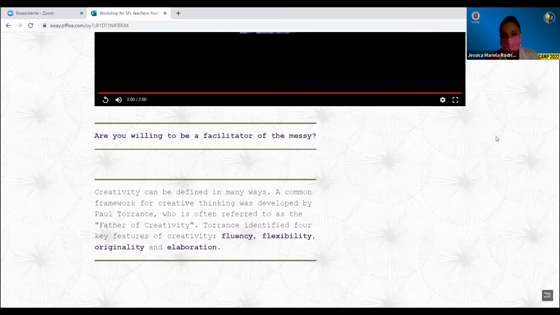Fluency is the first one, flexibility is the second one, originality is the third one, and elaboration is the fourth one. According to this author, if we provide our students with different activities that develop these 4 elements, we are fostering creativity in our class.